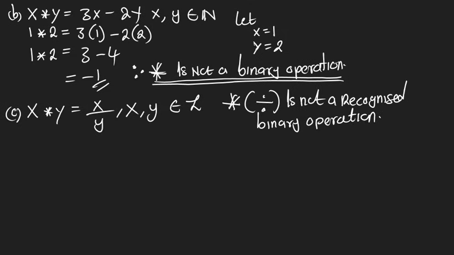Because if you let x equal to 1, sorry, y equal to 2, and you place them there, you're going to get a rational number, something else instead of an integer. So in this case, star is not a recognized binary operation. Anything that has to do with division really is not a recognized binary operation. That's one thing that you must be able to understand.